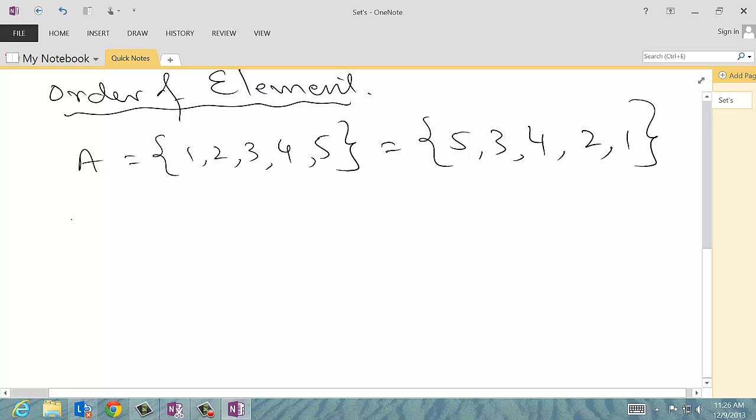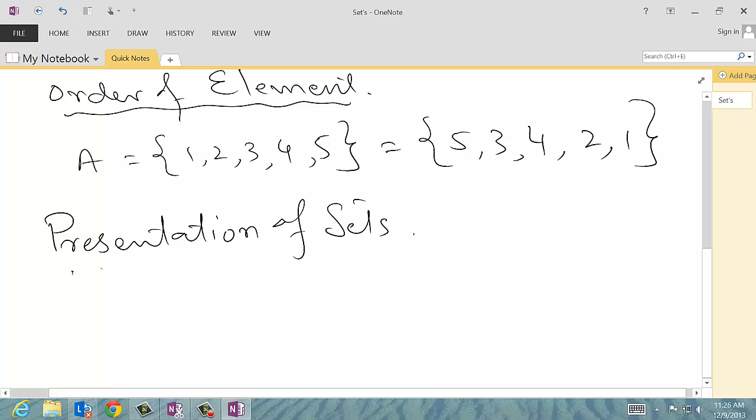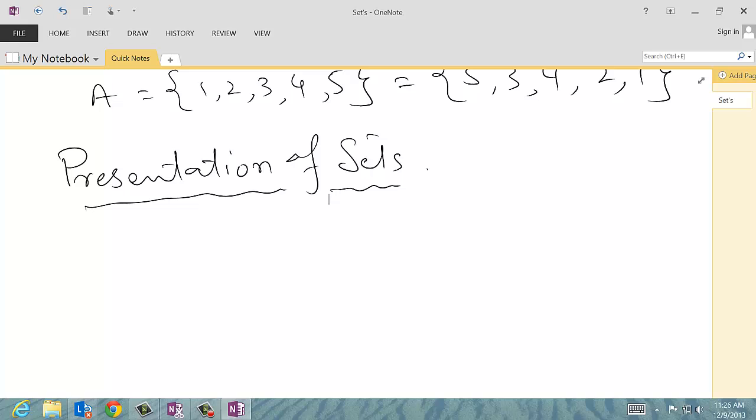This is one way of writing sets, and next we are going to write presentation of sets. Basically that's how any information in our real life is presented. Sometimes we read sentences, that's the common man language for the people who have nothing to do with mathematics.